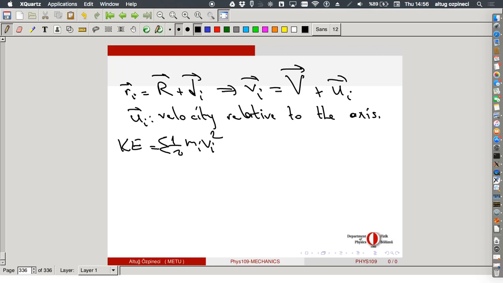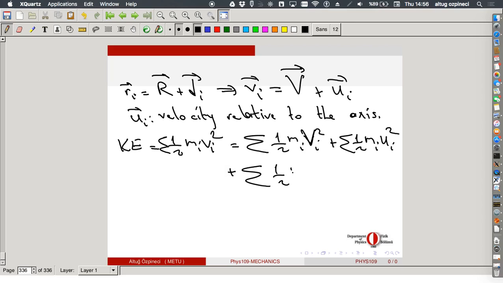I'm just summing over all the particles. This is equal to the sum of 1 over 2 mi V squared, plus 1 over 2 mi ui squared, plus 1 over 2 mi times twice V dot ui. What I did is I just took this expression, put it over here, and took its square.